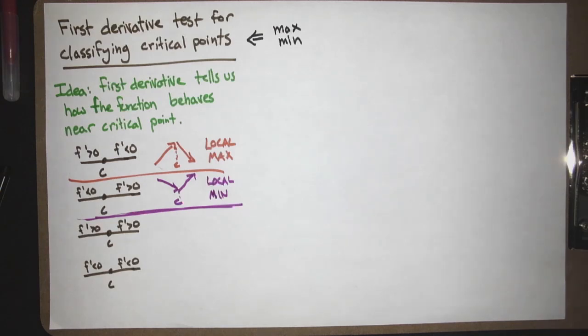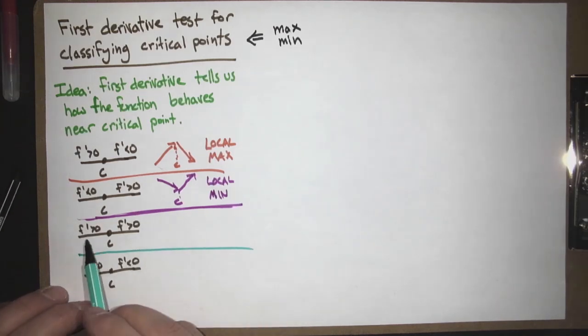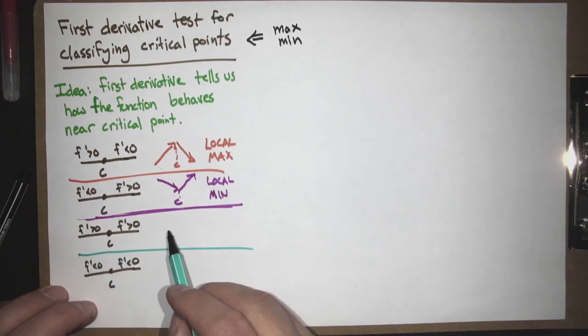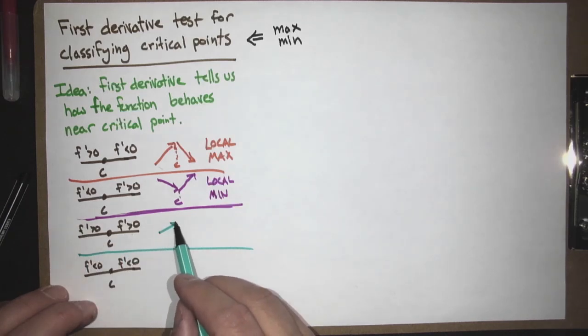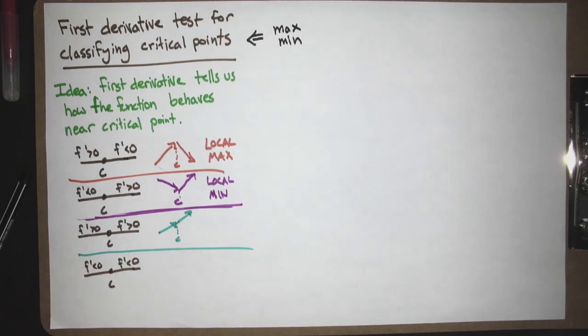Well, what if f prime is positive and f prime is again positive? What does that tell us? We're going up and then we're going up. So what is that? Nothing.